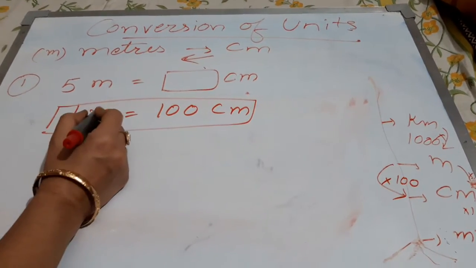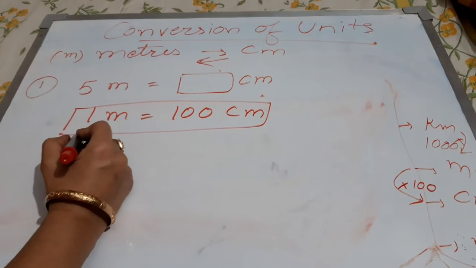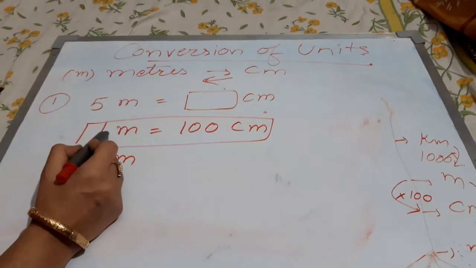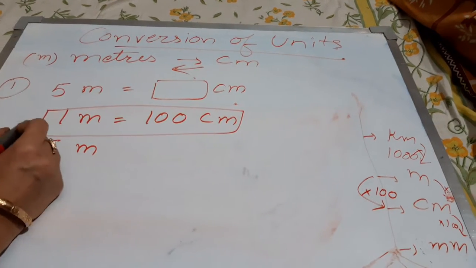From here I will try to get this. Now write 5 meters. How will you get 5 meters from 1 meter? I'll have to multiply 1 by 5.